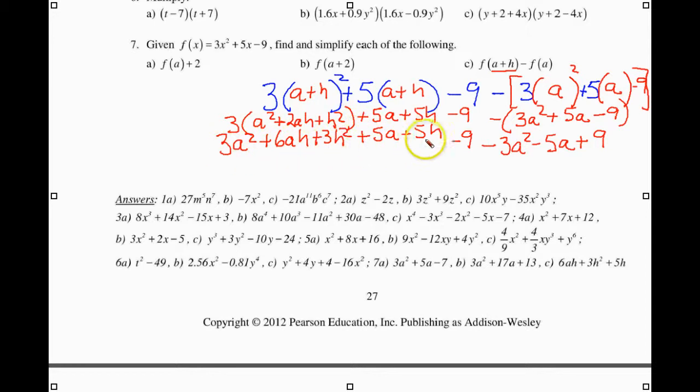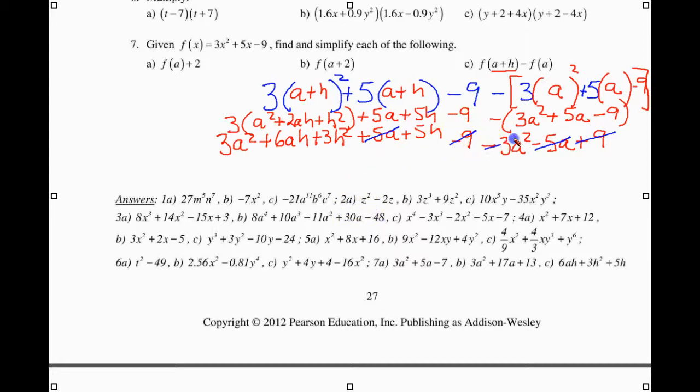And now I'm going to do some collecting of like terms. Now you may be able to see that this negative 9 and this positive 9 just disappears. This negative 5a and this positive 5a just disappears.